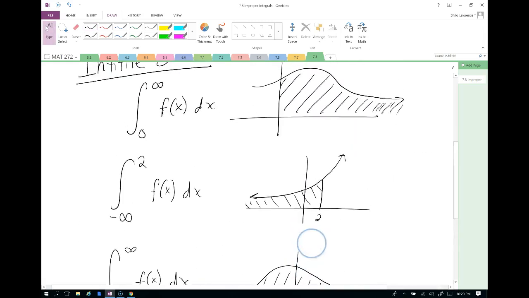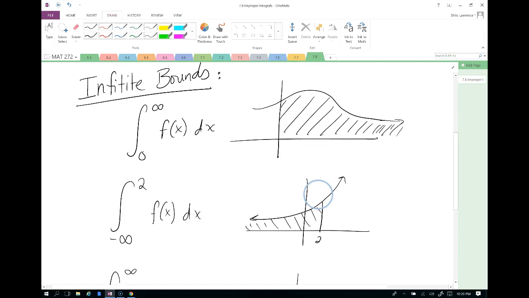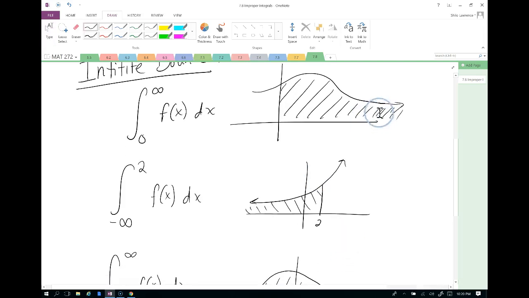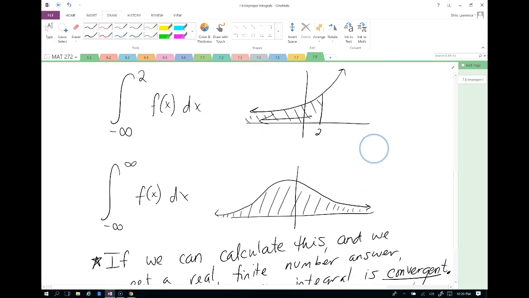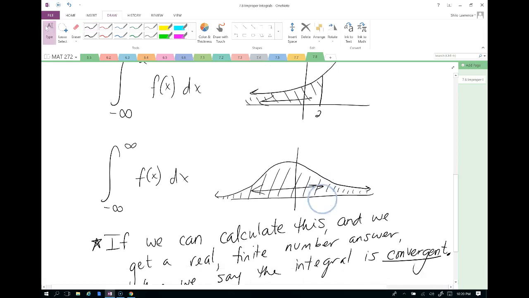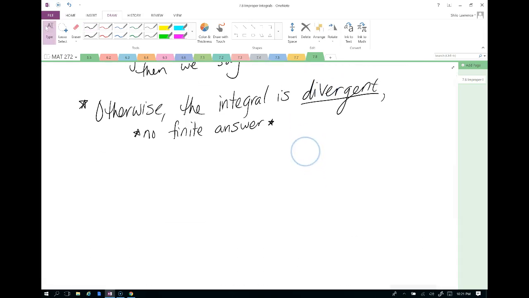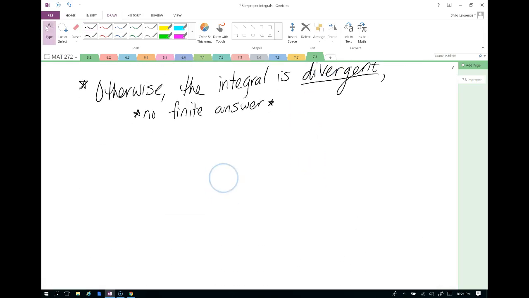So this is what it would look like if we were working with infinite bounds. So it could either be an infinite bound to the right or to the left, or in both directions. It's also possible that it's not our interval that's infinite, but our function that's infinite.